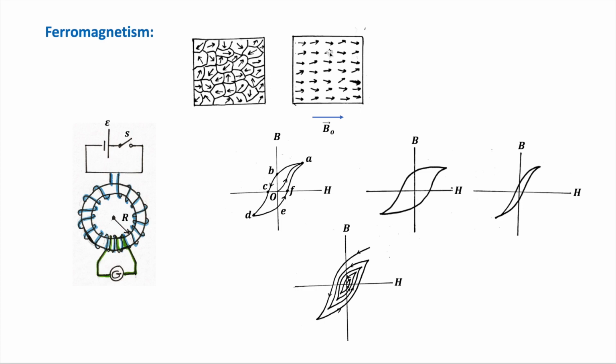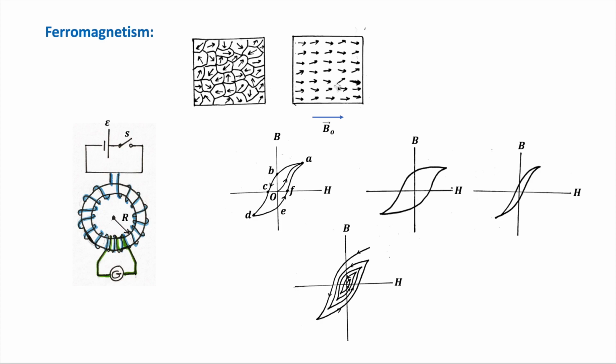But if the sample is placed in an external magnetic field, the magnetic moments of some domains tend to align with the field, and this results in a magnetized sample. In that case, the domains that are initially oriented with the external field grow in size at the expense of the less oriented domains.